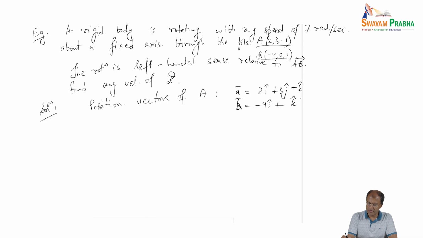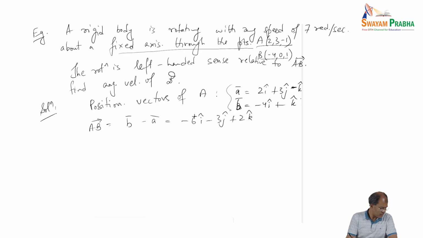Now our axis is fixed through these points A and B. So the vector AB will be B minus A, and this is -6i minus 3j plus 2k.